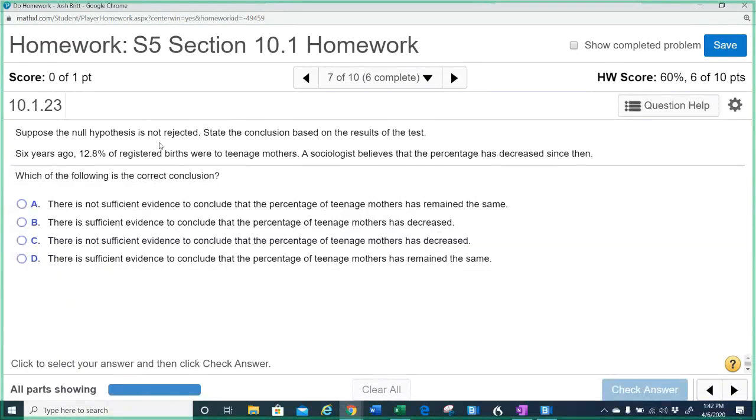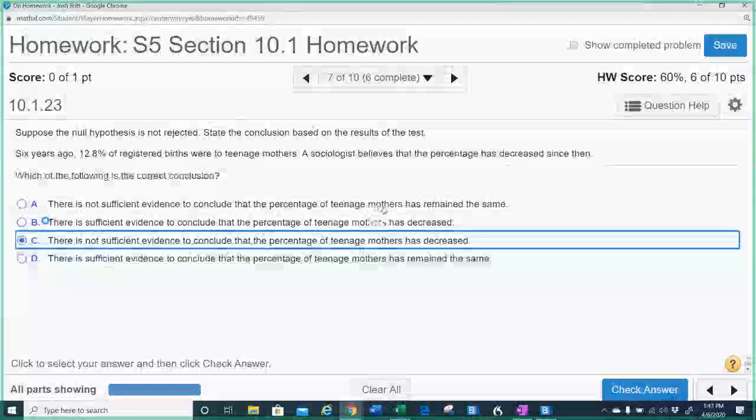So if you do not reject, you're saying that there is not enough evidence to assume or to claim that this is true. All right, so that says the percentage of teenage mothers has decreased.